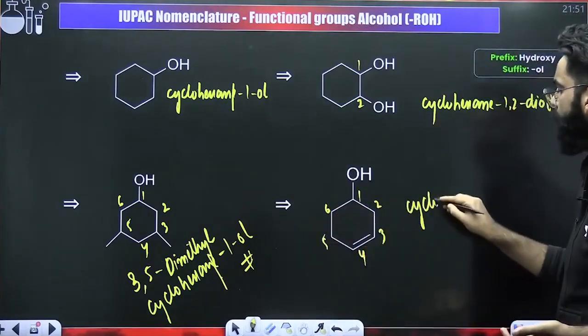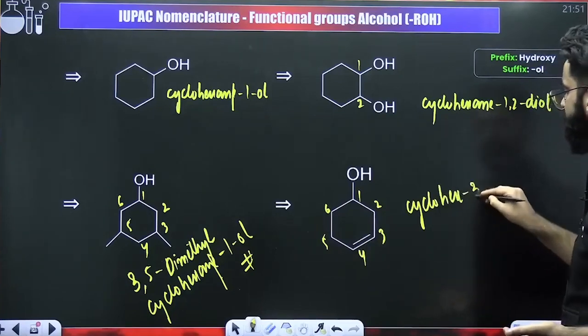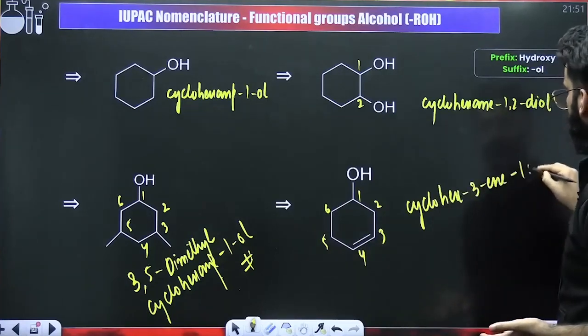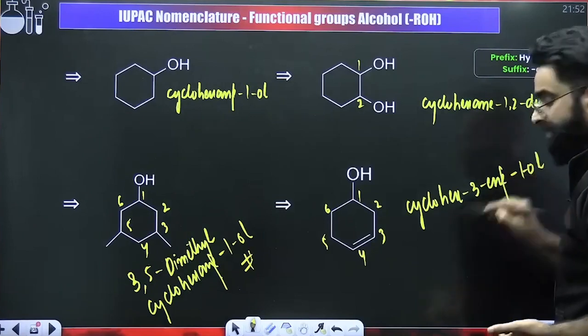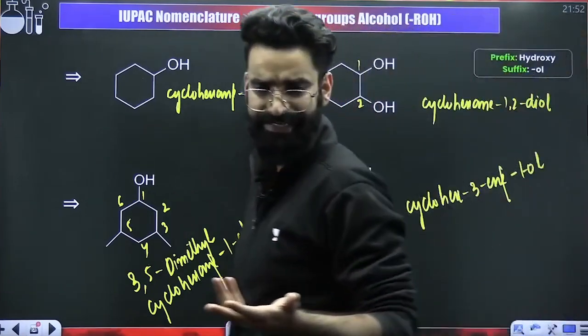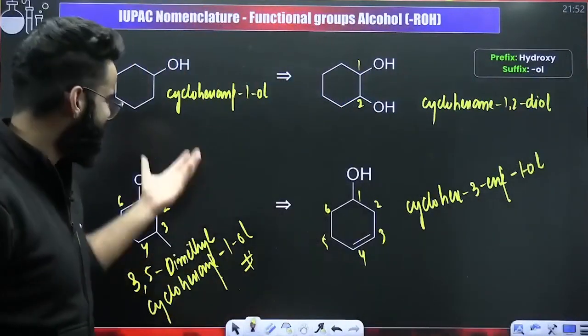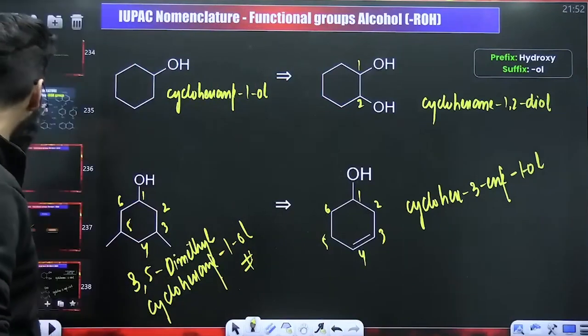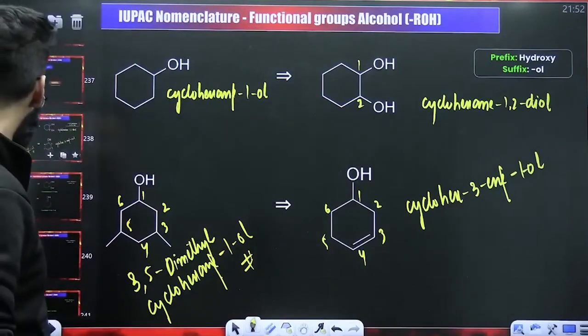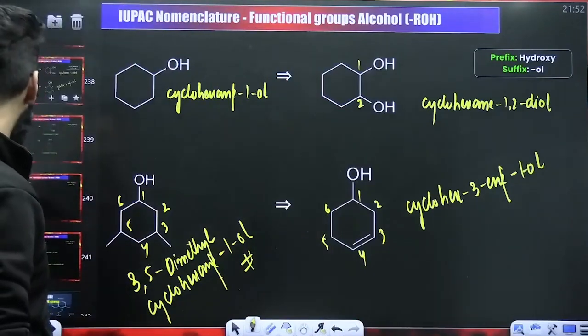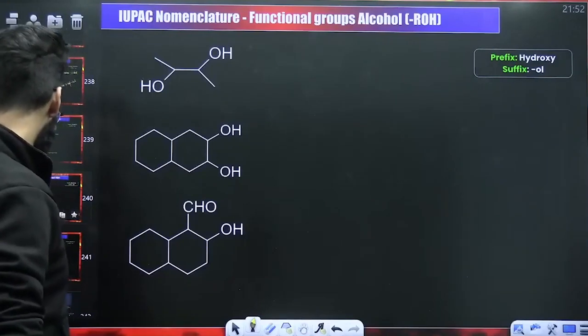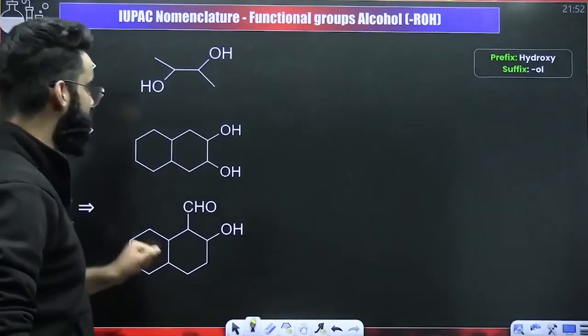So it is cyclohexen-1-ol. Drop the e. All these rules we have discussed in detail, guys. It should not take you more than seconds to name these compounds.